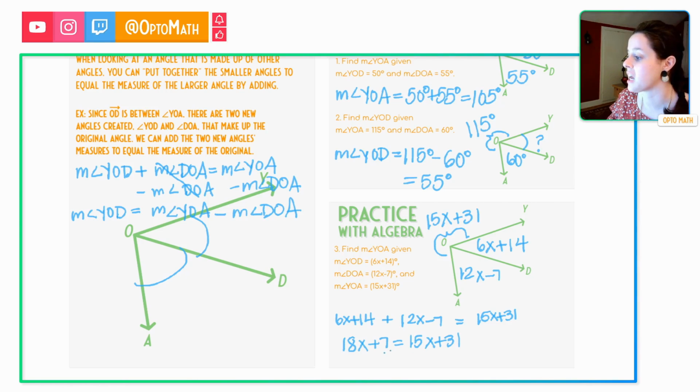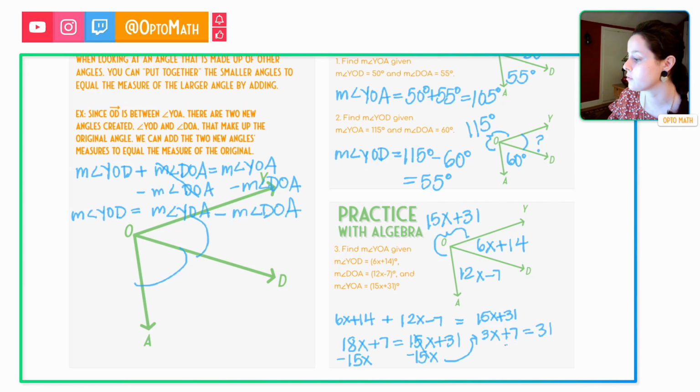We can subtract 15x from both sides. You don't have to start with that, but that's one thing you can do. 15x minus 15x is 0. You have 18x minus 15x is 3x. Yes, I did just count on my fingers. I like to do that. Helps me not make a mistake. And it's not babyfied, if you ask me. I say count on your fingers all you want.